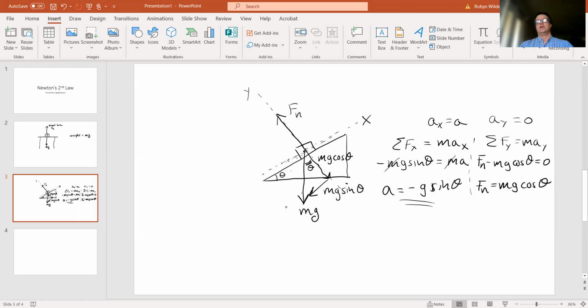Now, there's a problem on the homework which has a rope. And the rope goes like this, and it attaches to the wall up here. Now, that rope is going to make the acceleration be 0 because there's a new force: a tension force from the rope that holds the block.